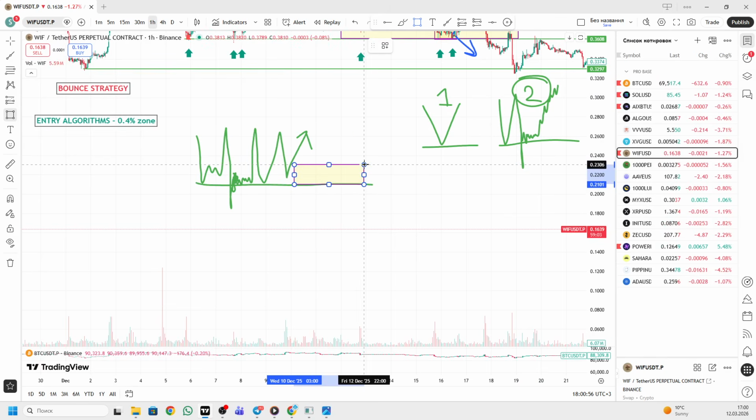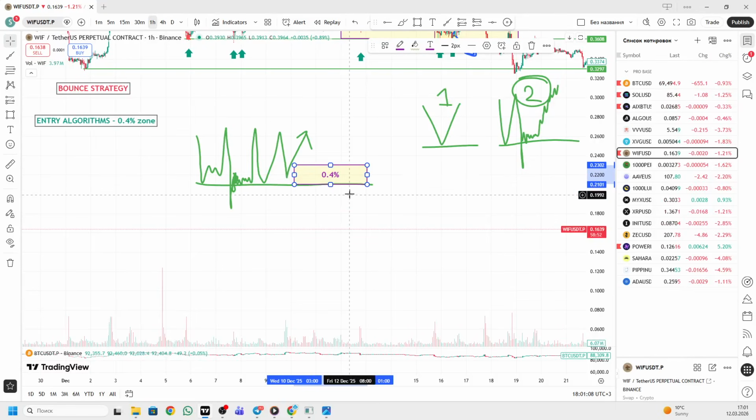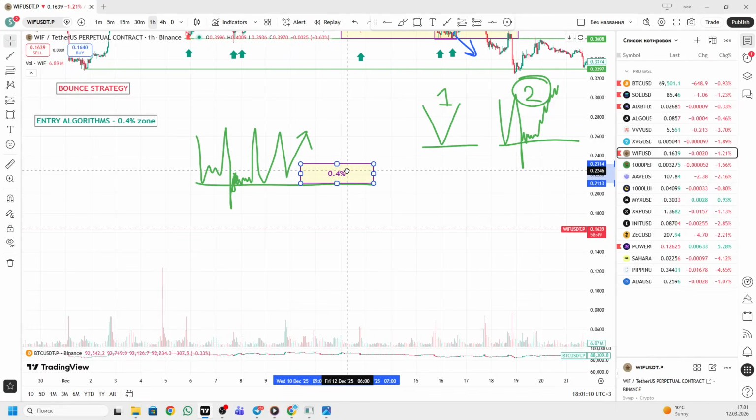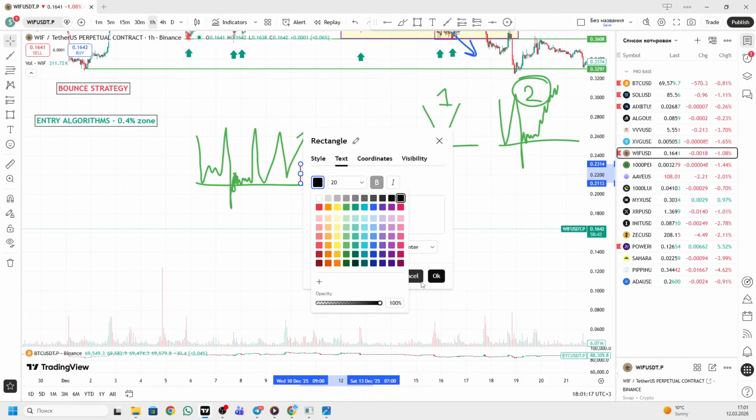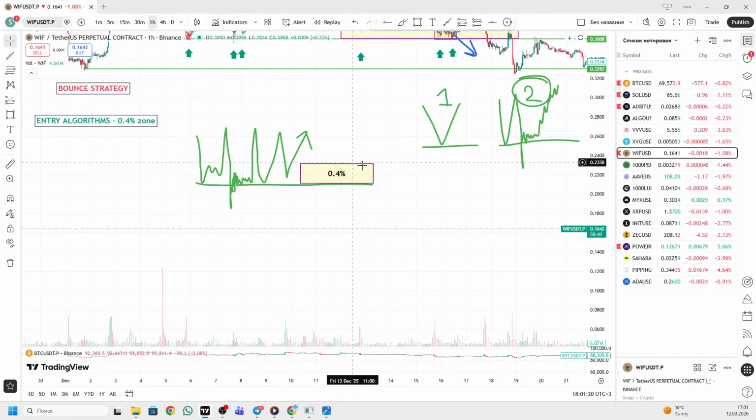Above the level here, 0.4%, as we agreed, 0.4% above the level, if you are going long.